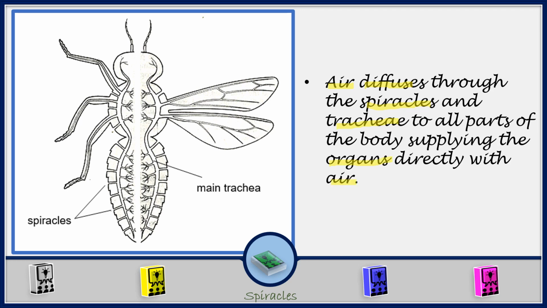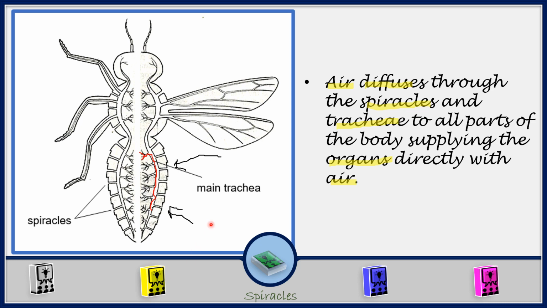So we are seeing that when the air comes from outside, it is going to enter through the spiracles, and when it enters into the spiracle, it will go into the trachea. Now inside the trachea, there it's where it will pass, and it will supply the oxygen to all the different organs through the tracheas.